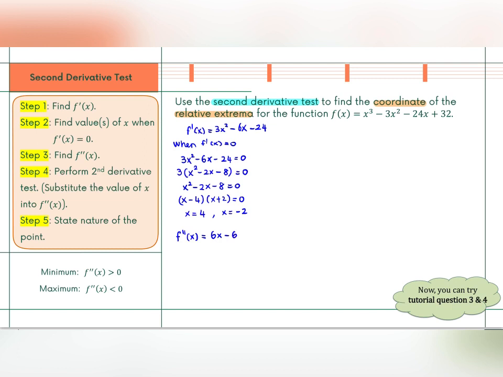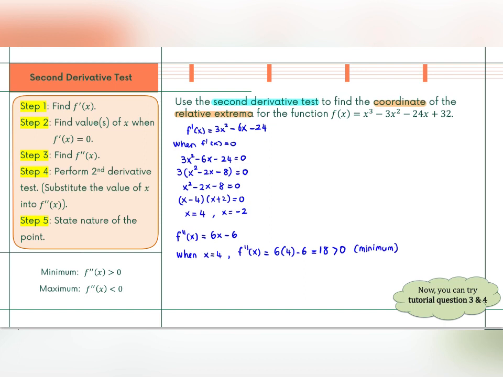Okay, now gantikan when x equals to 4, our second derivative will be equals to 6 multiplied by 4 minus 6. So, kita dapat 18. So, this is actually a positive value. So, bila second derivative positive, so it is actually a minimum.